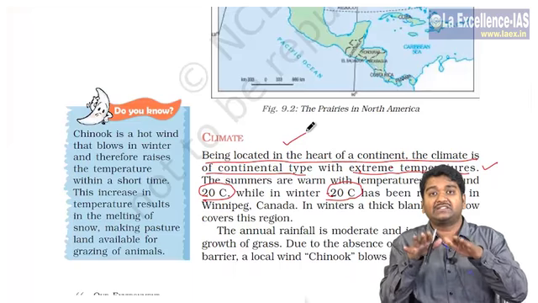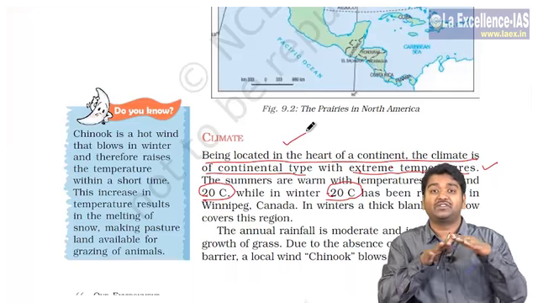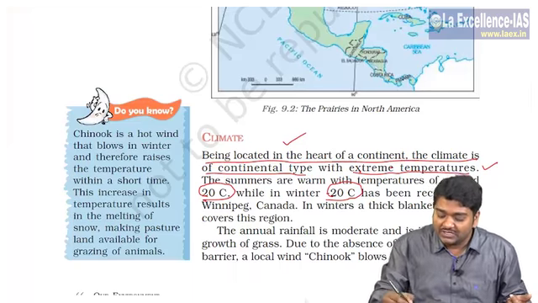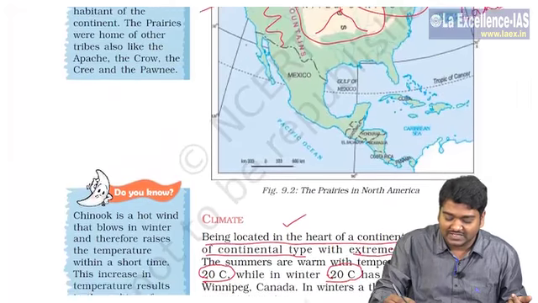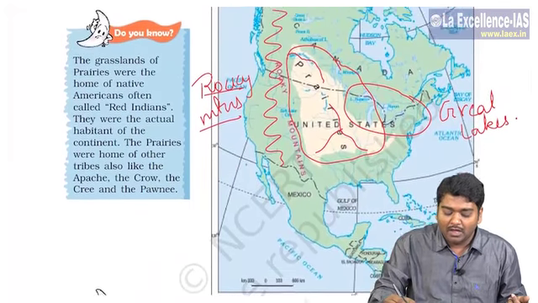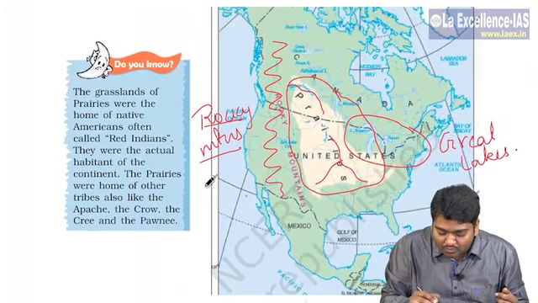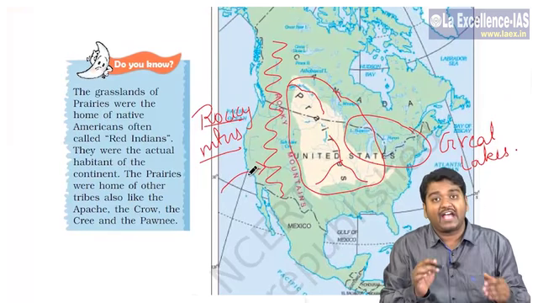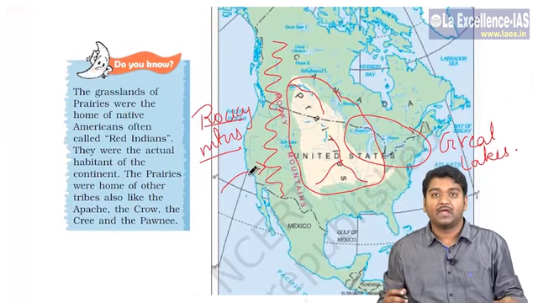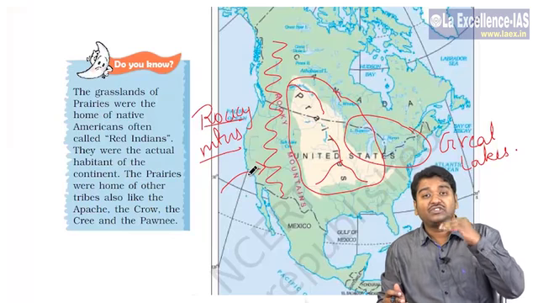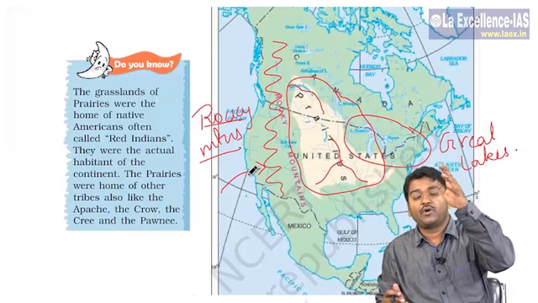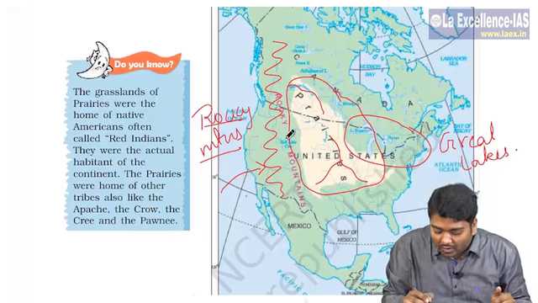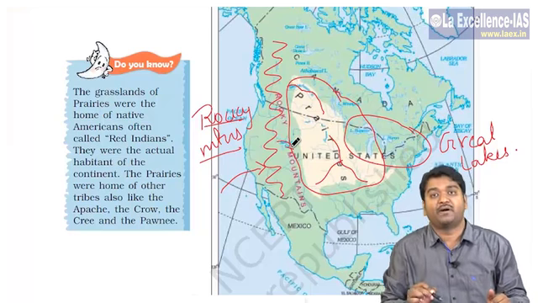In winter, as the temperature falls below minus 20 degrees Celsius, usually this region is covered by ice. At that time, some winds which are moving over the Pacific Ocean hit the Rocky Mountains and rise above. As you are aware, when wind rises above, it cools. But it crosses the Rocky Mountains.